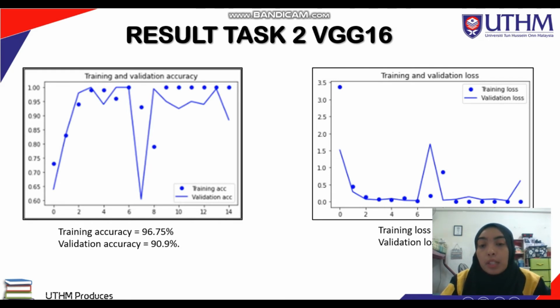Next, for the average training loss, it is 1.21%, while the average validation loss is 30.17%. So this model we can actually consider optimal, even though it has some noisy movement in the middle of the training loss and validation loss.